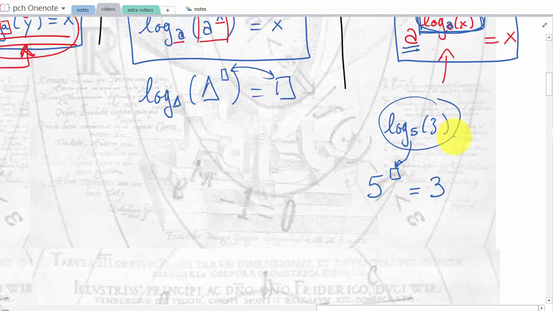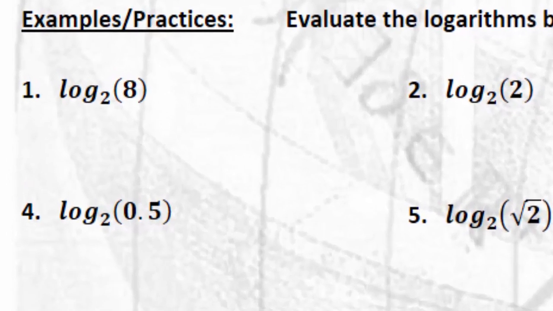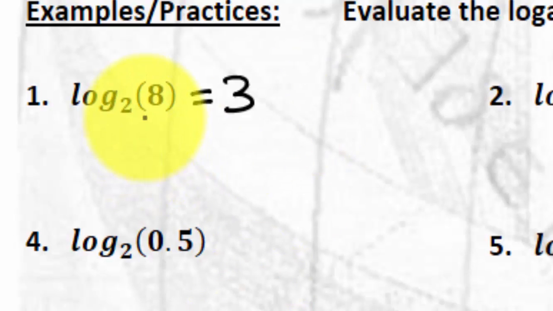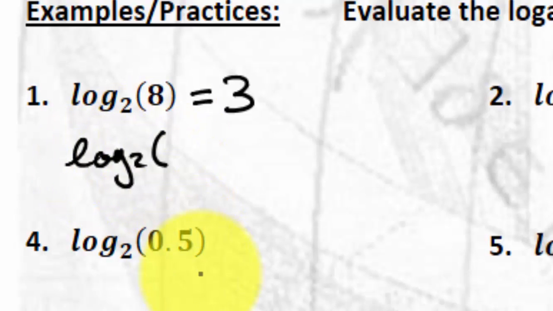Let's go over some examples right now. Check this out. What is log base 2 of 8? Well, log base 2 of 8 is the exponent to which 2 must be raised in order to find 8. 2 to the what equals 8? 3. That's it. Another way to do that is to try to write 8 as a base 2 exponential.